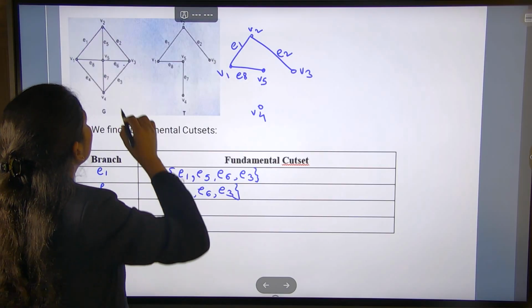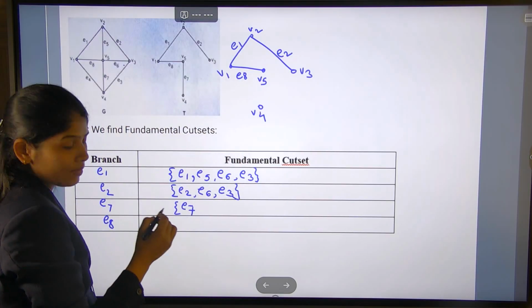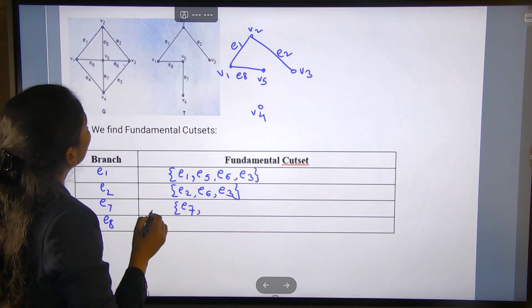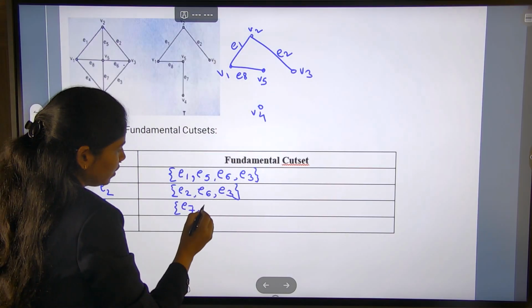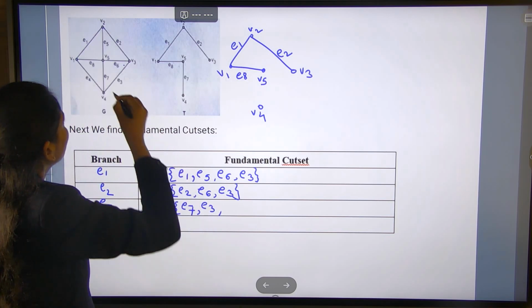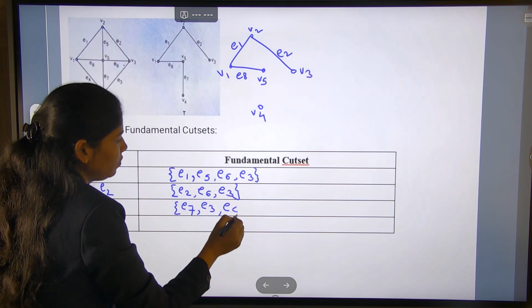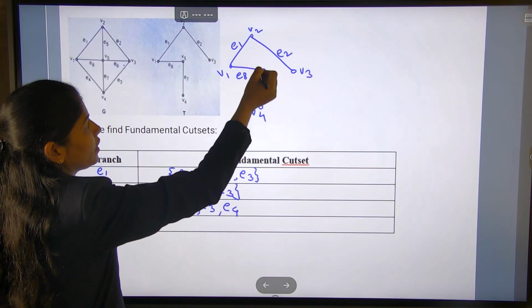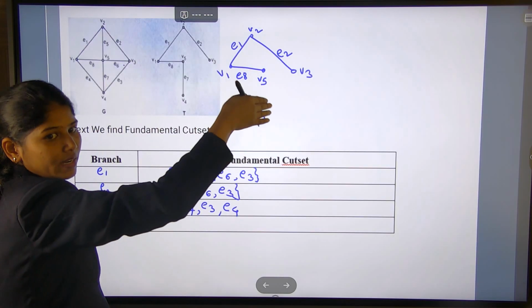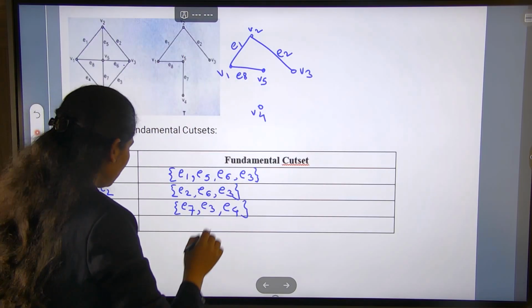So first one is E7. If we join E7, we get the connected one. Write down E7. Check for all other chords. If we join E3, we get the connected one. Therefore write E3. Then if we join E4, we get the connected graph. Then write down E4. If we join E5, we do not get the connected graph. Therefore don't write E5. That's it.